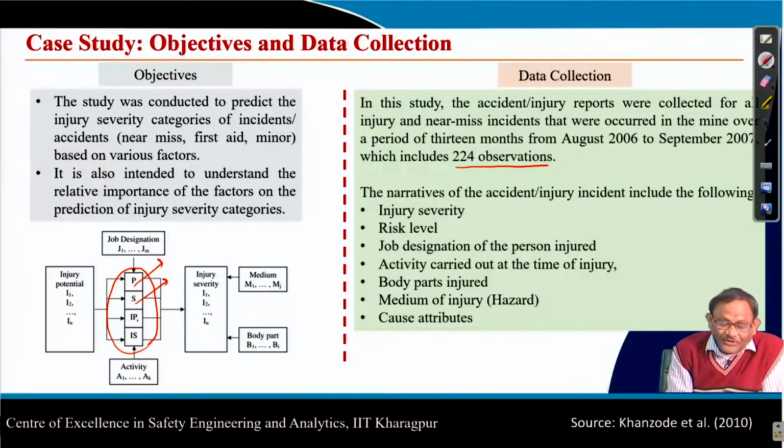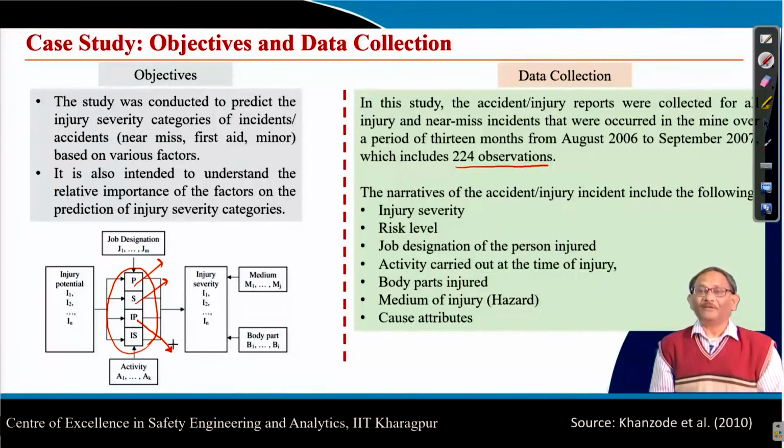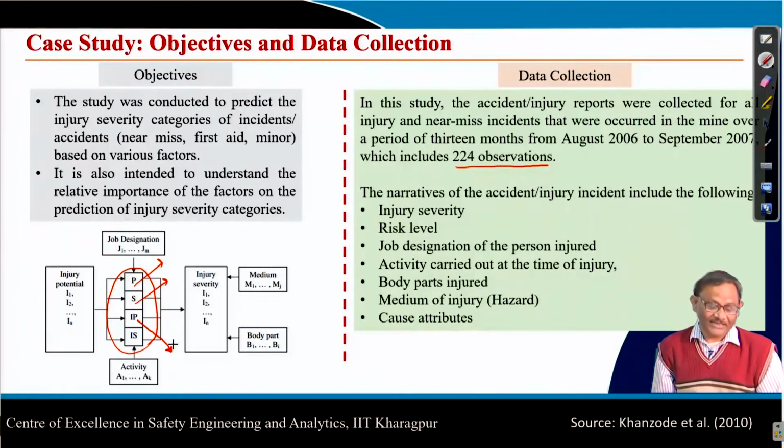Third is interface IP, where the person is more responsible, and IAS, that interface where the system is more responsible. So this is one derived variable which is not there in the data set. Our concept was that if any accident takes place, the person-system-person interaction is very, very important, and that is what we captured here.